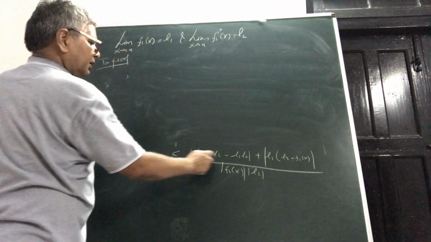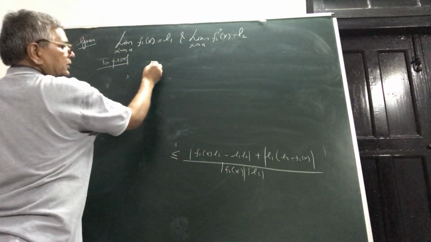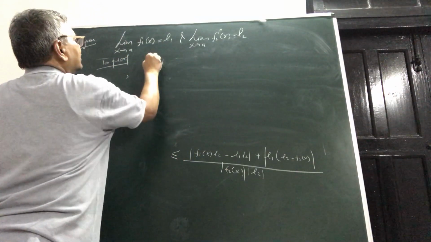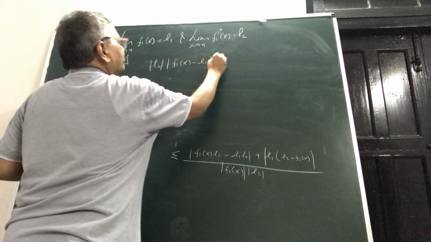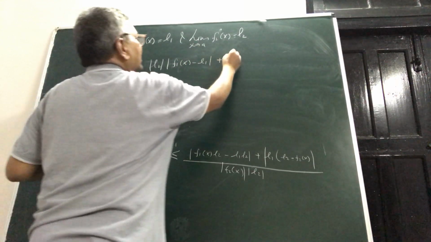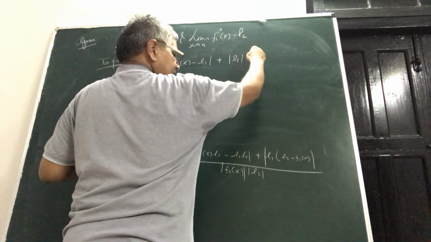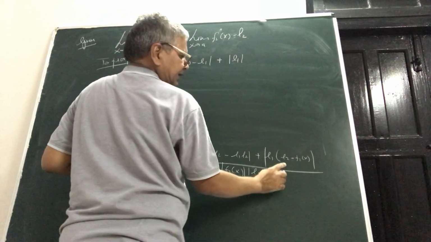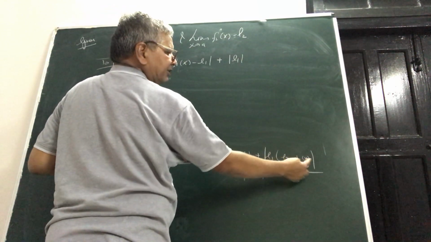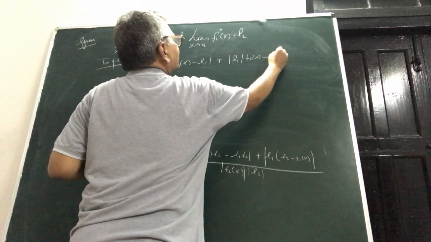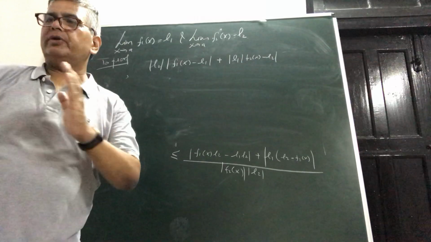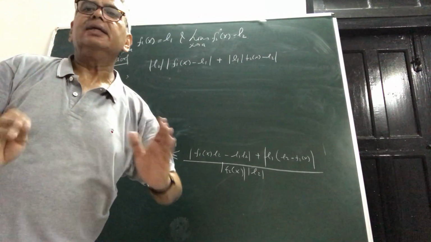So here you can take L2 common. So L2 mod L2 and then mod f1x minus L1 plus mod L1 and this thing L2 minus f2x mod can be well written to be f2x minus L2, because whether you write mod a minus b or mod b minus a, that amounts to the same thing.